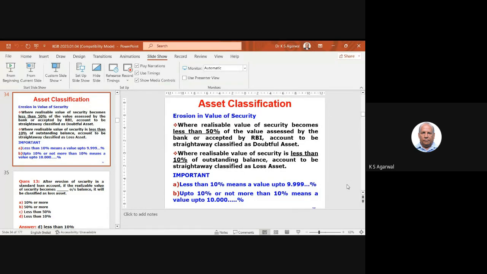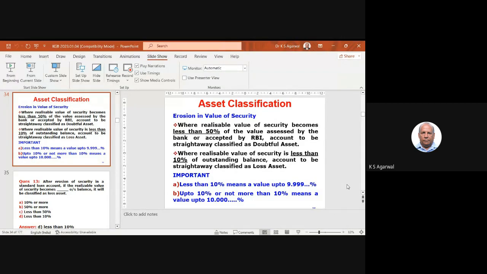There may be no overdues, no deferment in installment payment, no deferment in interest payment, but the realizable value of security becomes less than 50% of the value assessed by the bank or accepted by RBI. The account will be straight away classified as doubtful.